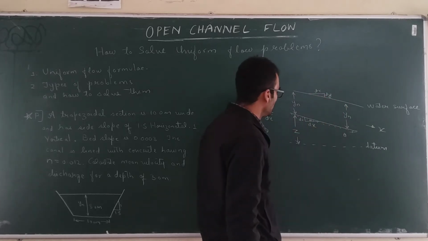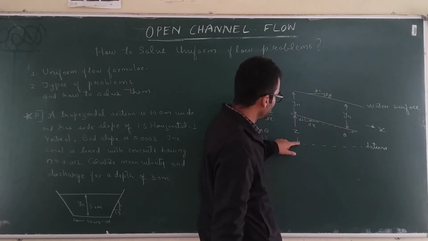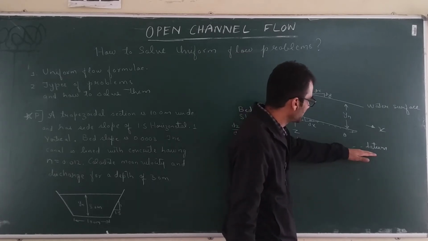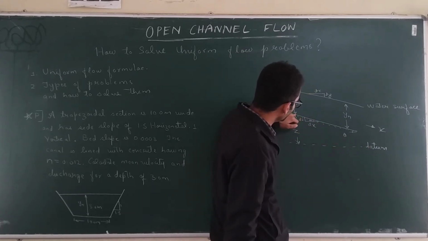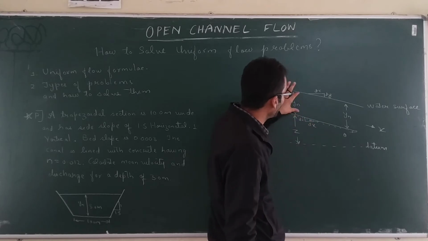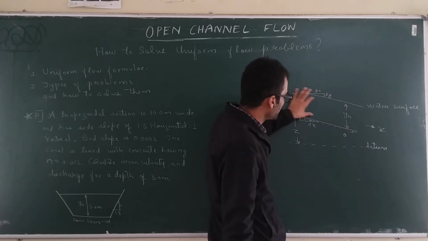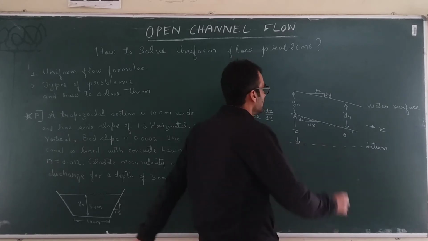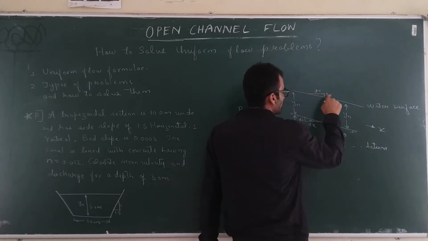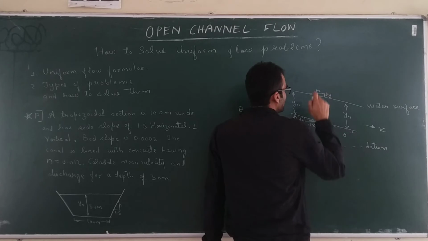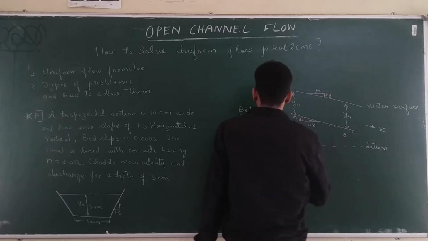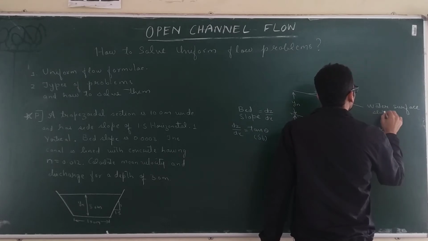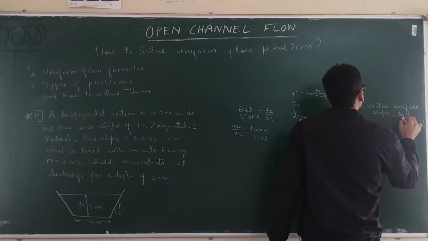With respect to this datum, measure everything with this datum. Suppose if you measure with respect to channel bed, y is constant. Actually, flow depth is constant; it is not changing. But with respect to a fixed horizontal datum, this slope will become dy by dx. So water surface slope is dy by dx.